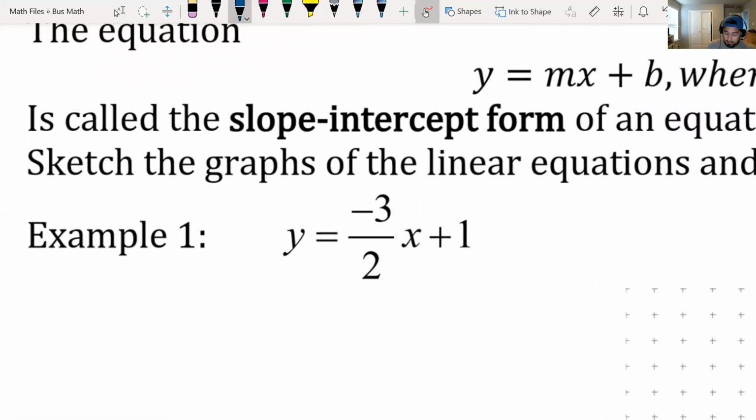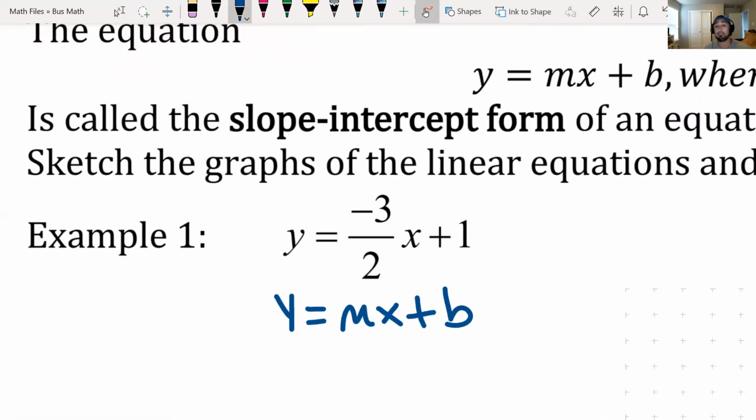So for this problem, it's in the form of y equals mx plus b.